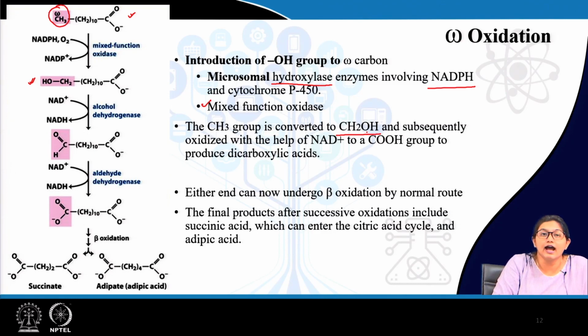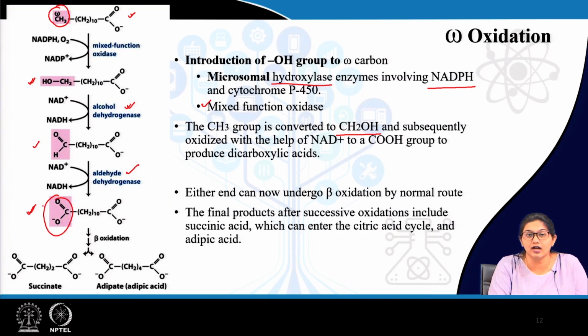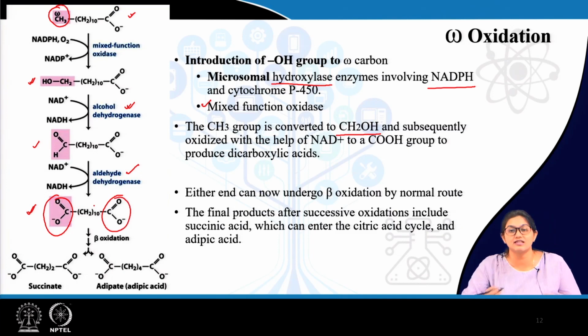Then there are a few dehydrogenases, that is alcohol dehydrogenase, which converts this alcohol group to aldehyde. Then aldehyde dehydrogenase converts this aldehyde group to acid group, rather carboxylic acid group. So, after this mixed function oxidase and subsequent dehydrogenase treatment, what are we getting? A carboxyl group formation in the omega carbon, as well as the inherent carboxyl group which was there in the fatty acid.